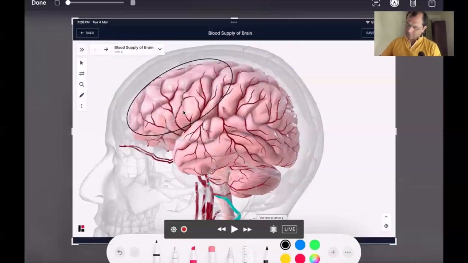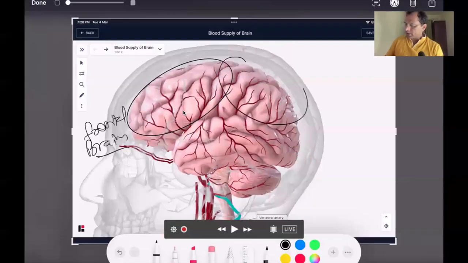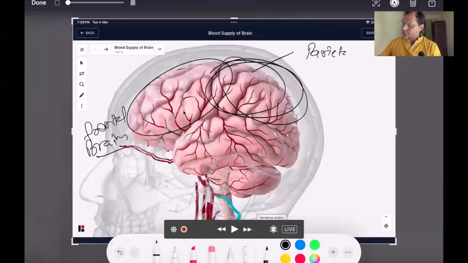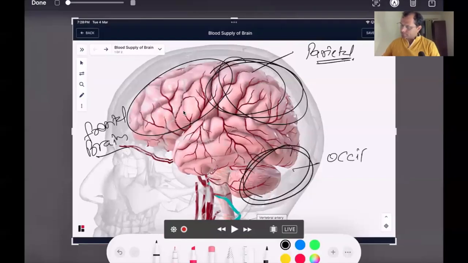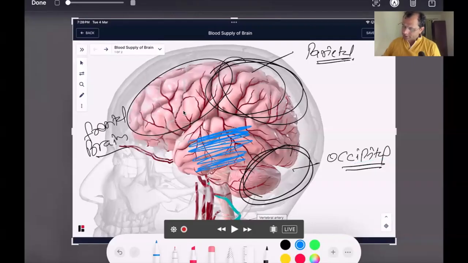This is the parietal brain, which is on the top of the head. This is the occipital brain, which is on the back side. And this is the temporal brain, above the ear.